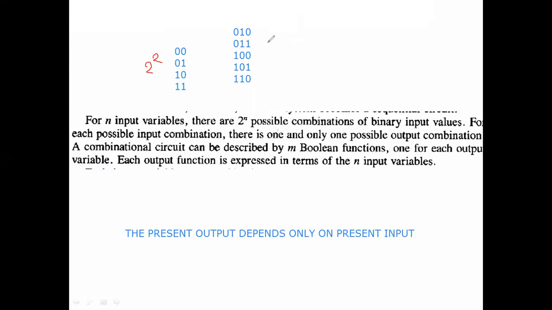If you are taking 3 inputs, you will be getting 2 cube combinations, that is totally 8 combinations. If you are taking 4 inputs, you will be getting 2 power 4, that is 16 combinations.